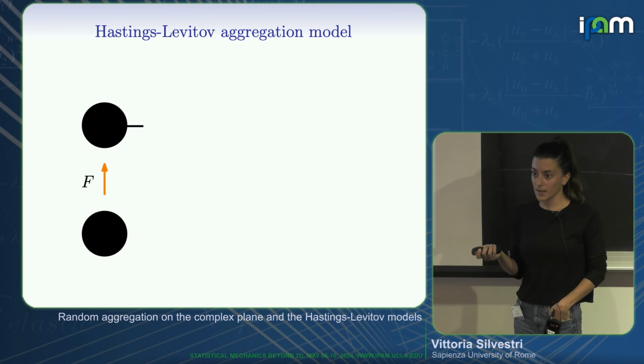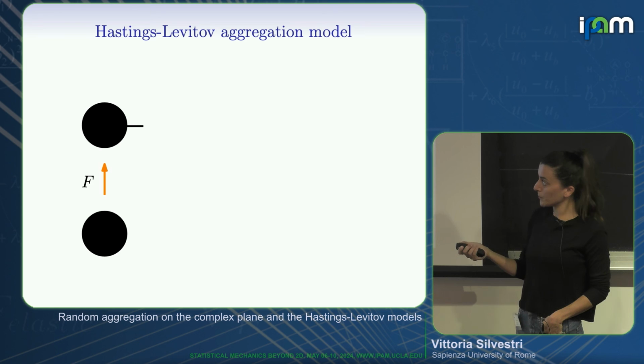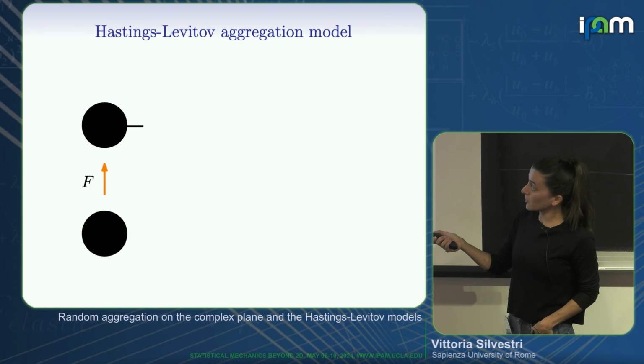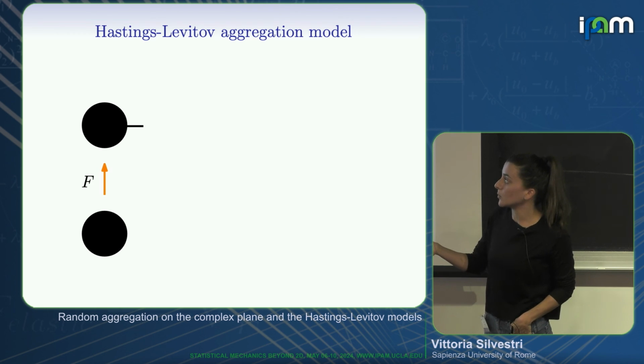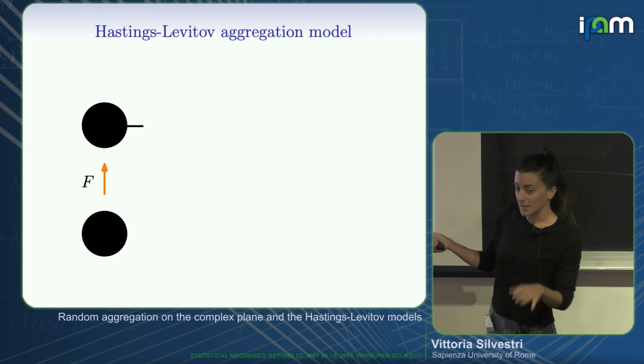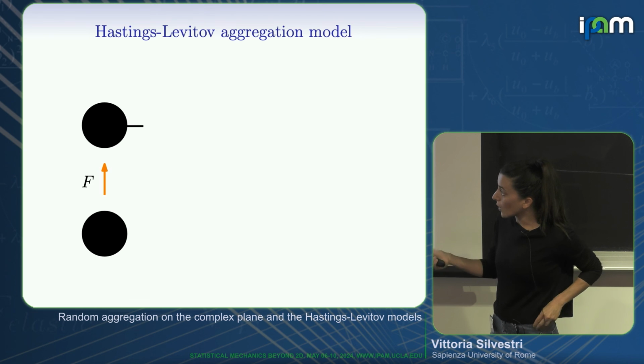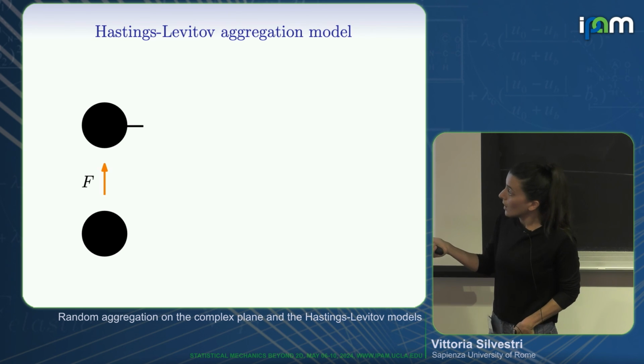So what do I mean by aggregating a particle in this setting? Well, first of all, a particle is a compact subset of the complex plane, which in these pictures I took to be a slit, but you can do many more general things. For now, think of it as being a slit. How do you encode this particle arrival?